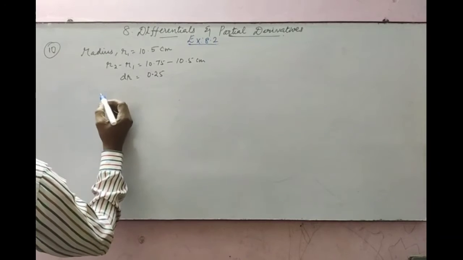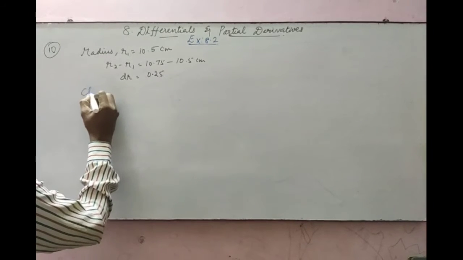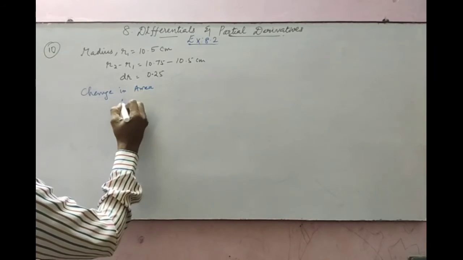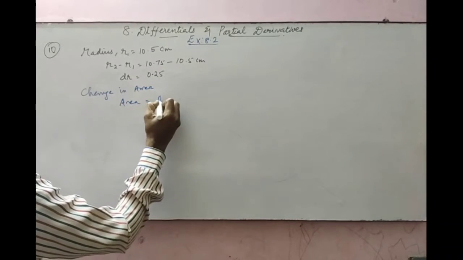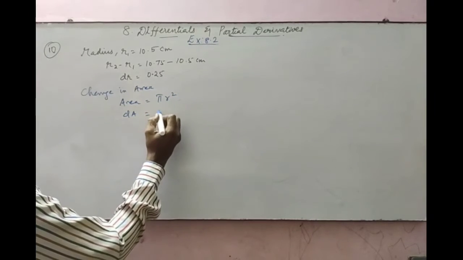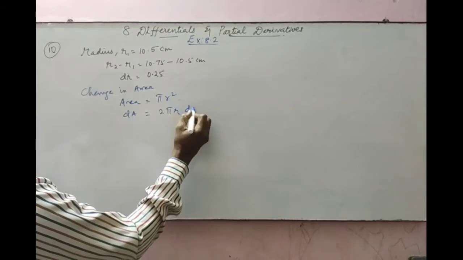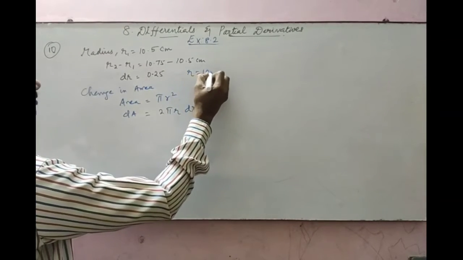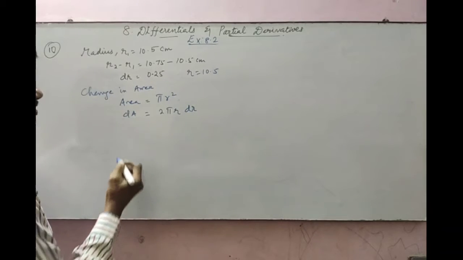Here for the circular plate, they ask you to find the change in area, that is dA. So the formula to find the area of circular plate is pi r square. If you differentiate this with respect to r, you will get dA equal to 2 pi r into dr. Take the radius r as 10.5, that is base radius.